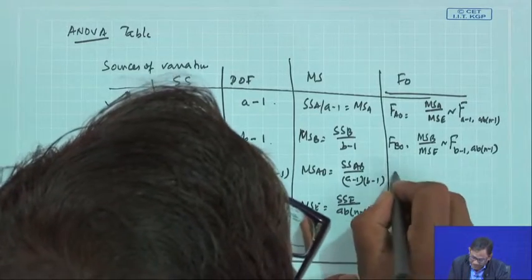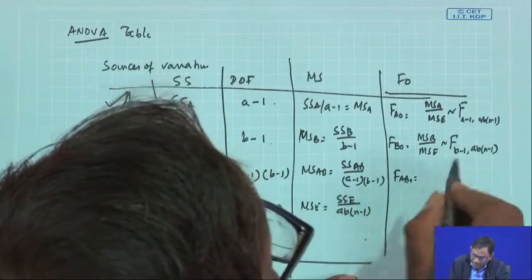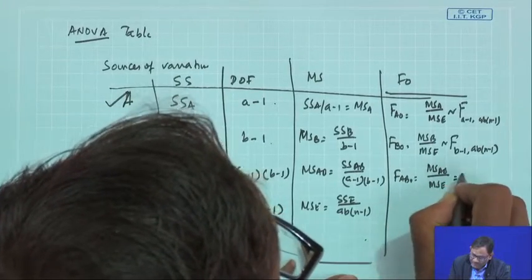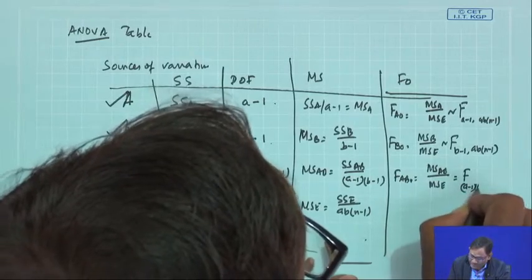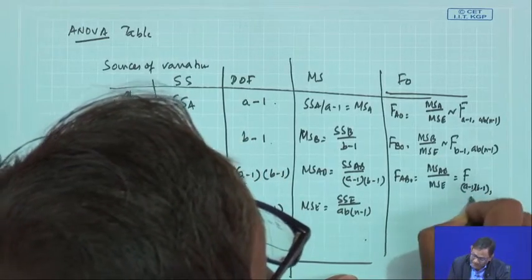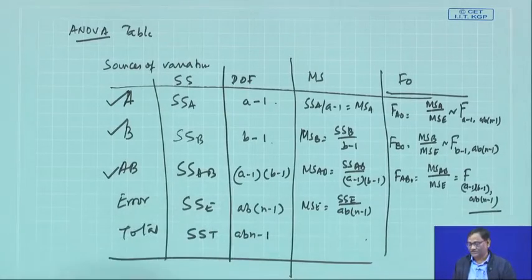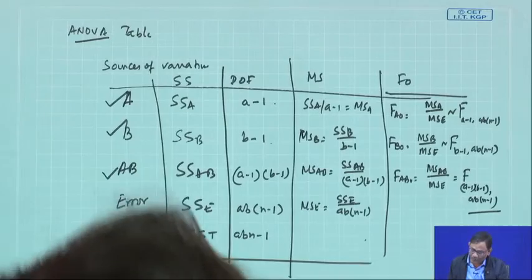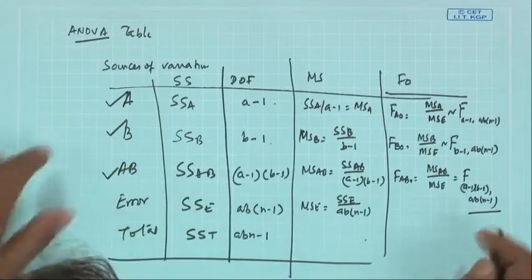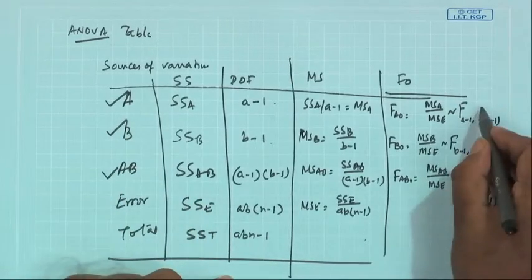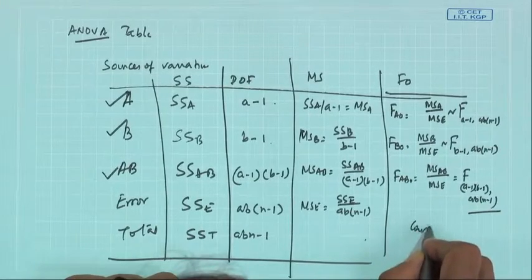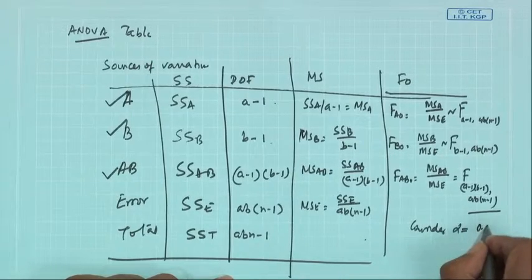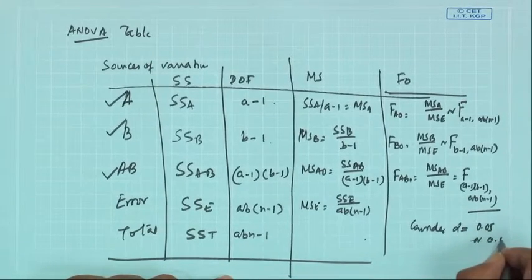Then FAB0 will be MSAB by MSE, following F with a minus 1 into b minus 1 and ab into n minus 1. Then you consider alpha, maybe 0.05 or 0.01, usually these two.